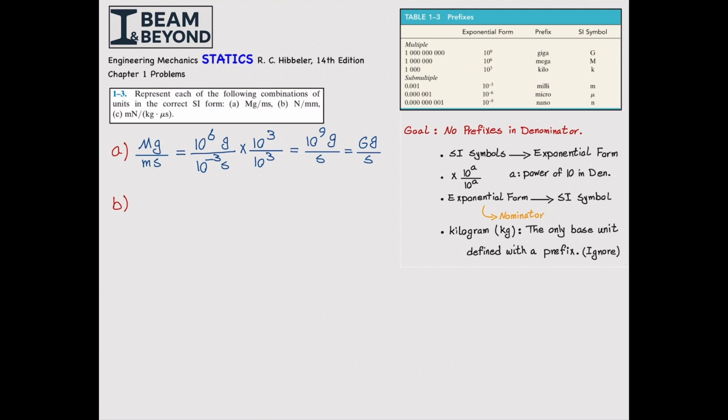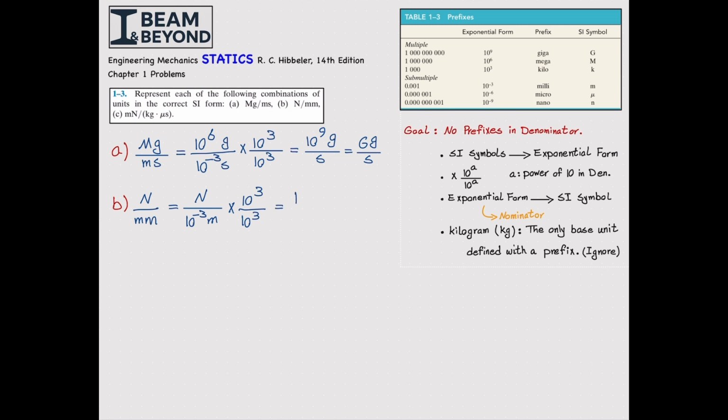Part B. For part B, we have Newton per millimeter. This equals Newton per 10 to the power of negative 3 meter times 10 to the power of 3, again to get rid of that negative 3.